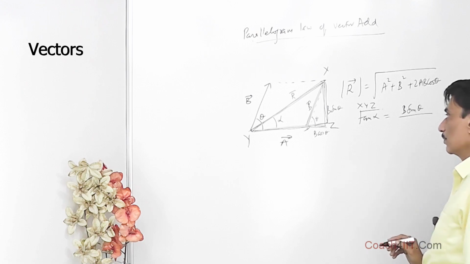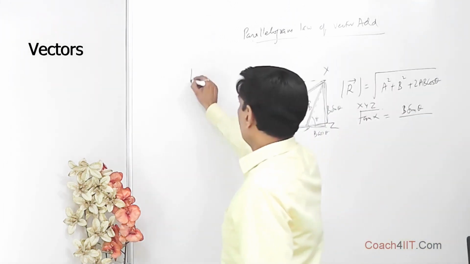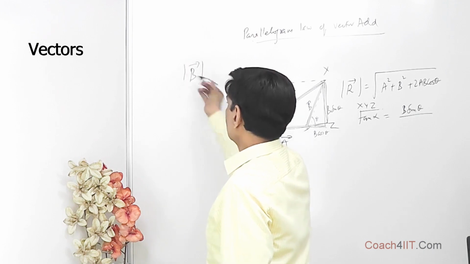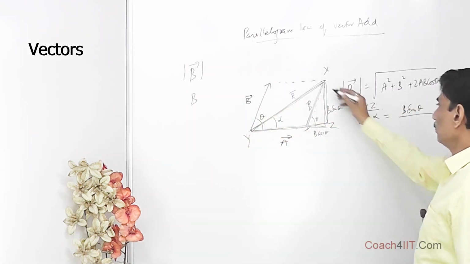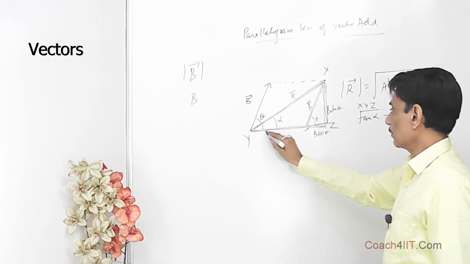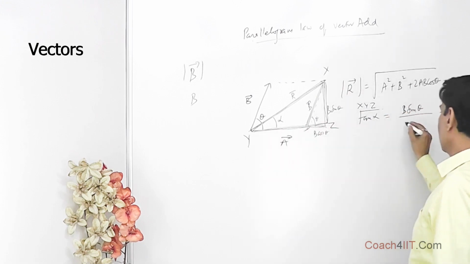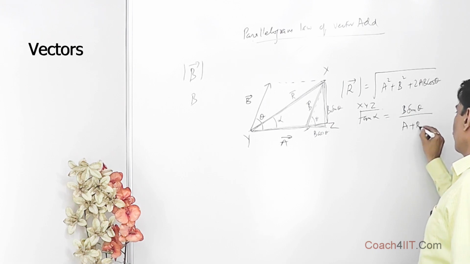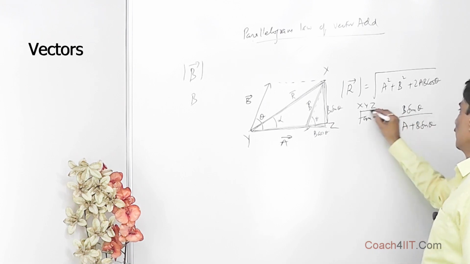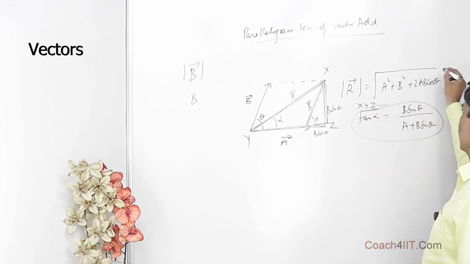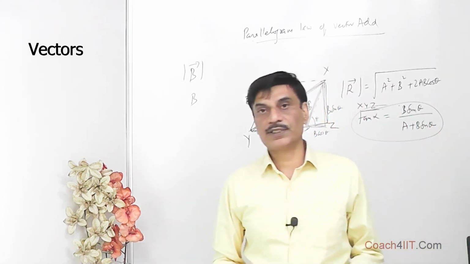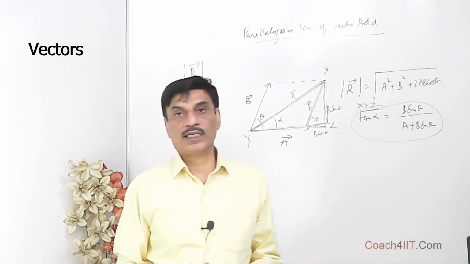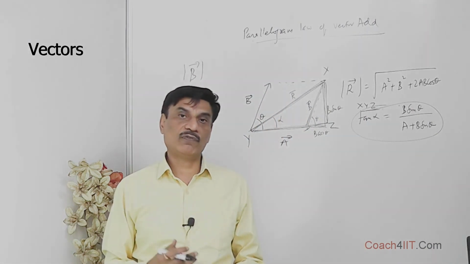It is not the direction. We can also write magnitude like this, or we simply write it as B. It means the magnitude of the vector. So it is B sin theta, perpendicular by base. Base is what? A plus B cos theta. So tan alpha is B sin theta by A plus B cos theta. We have both things: we have magnitude, we have direction also. So this is the parallelogram method of vector addition, which is once again an extension of the triangle law of vector addition only.